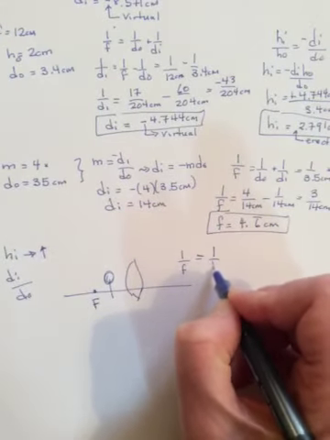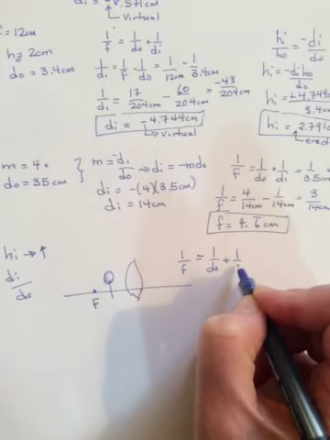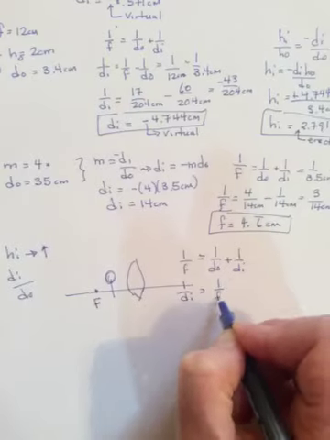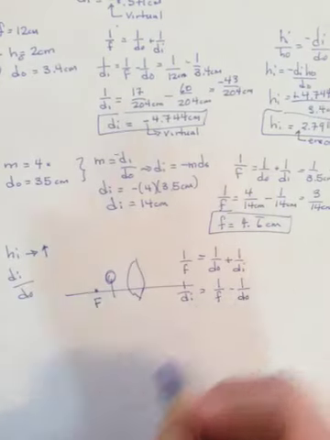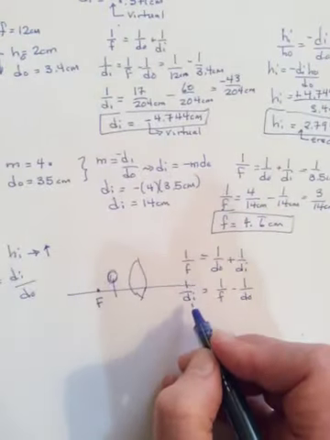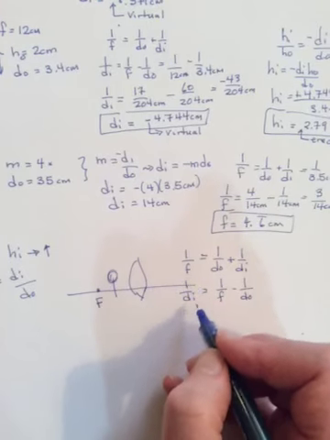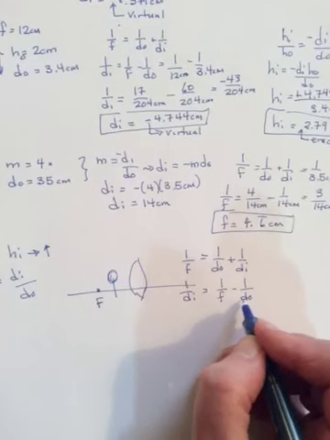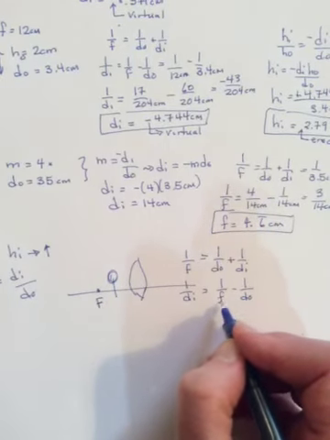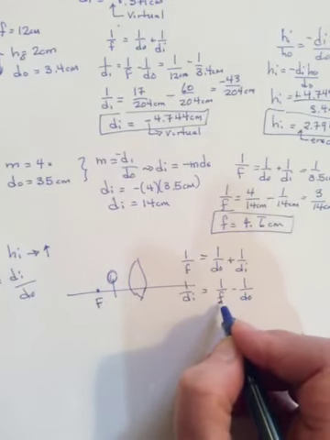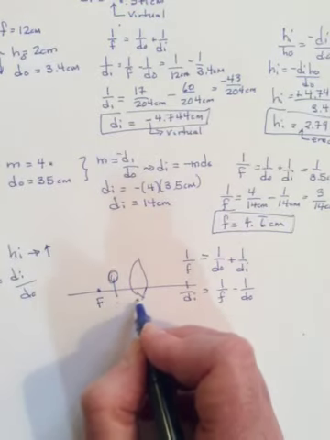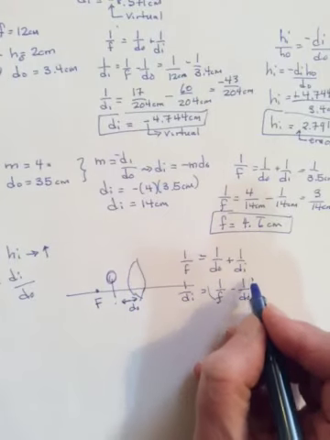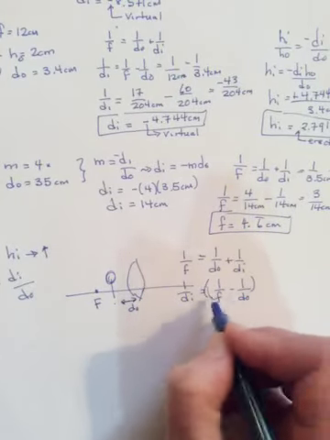So if we look at 1 over F is equal to 1 over DO plus 1 over DI, then 1 over DI is equal to 1 over F minus 1 over DO. So DI will be biggest when 1 over DI is tiniest, and 1 over DI will be tiniest when these two fractions are really close to each other. So the closer that DO gets to F, the smaller this difference here will become.